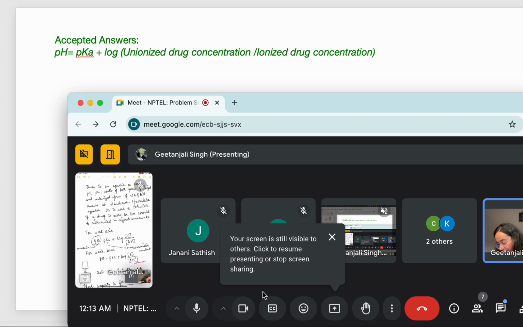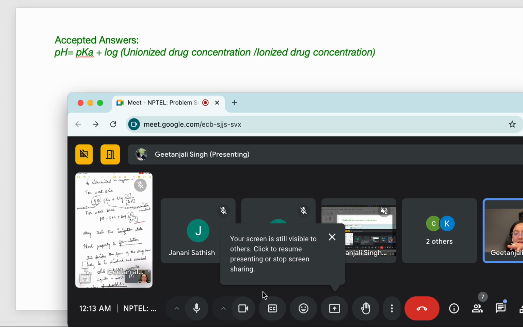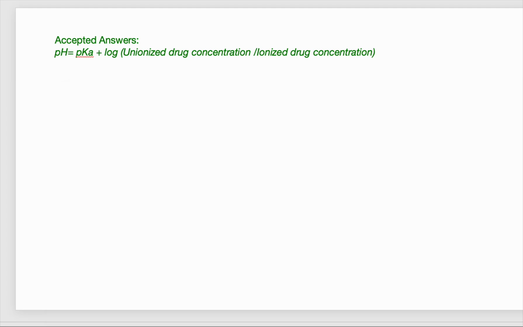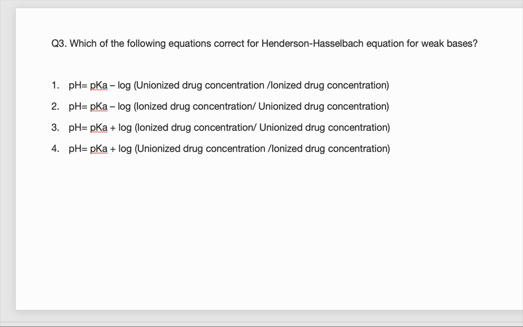So the Henderson-Hasselbalch equation for weak bases is an equation that states a relation between pKa, the drug dissociation constant, pH, the acidity of the environment, and the ratio of the ionized and unionized concentration of the drug.